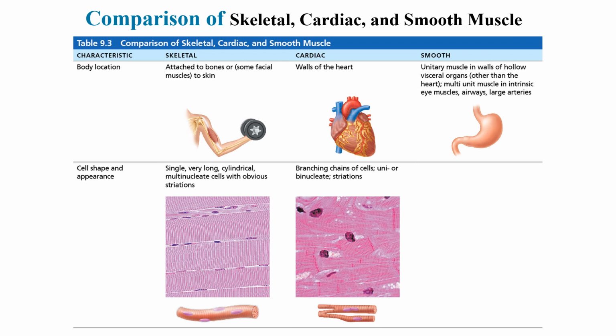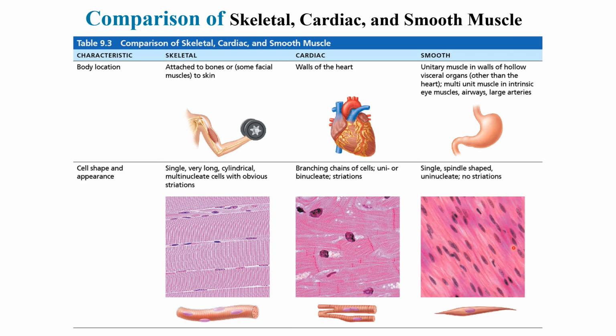Smooth muscle, uninucleate, but you can't see any striations. That's why we call it smooth muscle in the first place. It's a little tricky to see the striations in this heart muscle slide, but if you look closely enough in a microscopic slide, you will see striations.